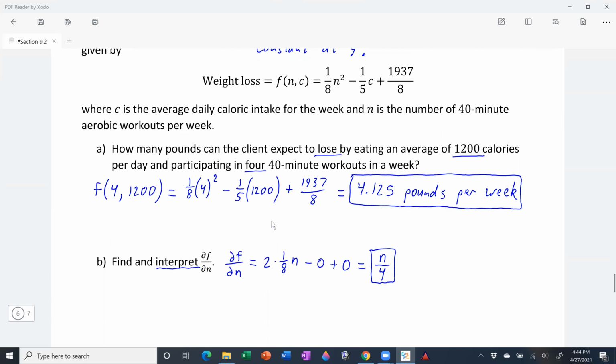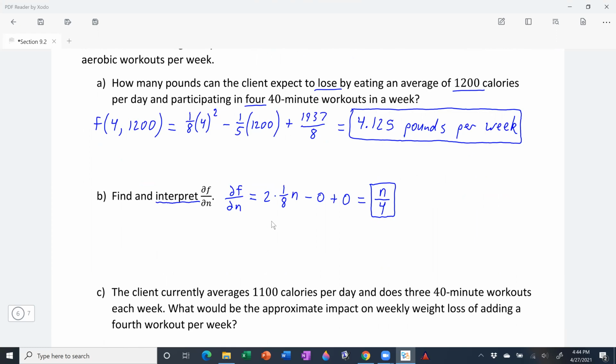So if we want to interpret what we just did, we found the rate of change of this weight loss function with respect to N. So what we can say is this represents the change in weight loss per week for each 1 unit change in the number of workouts.